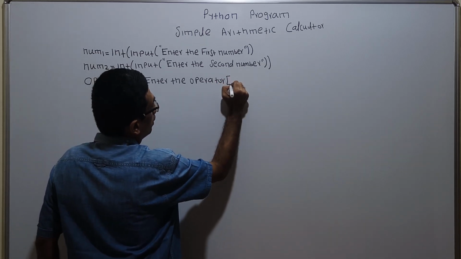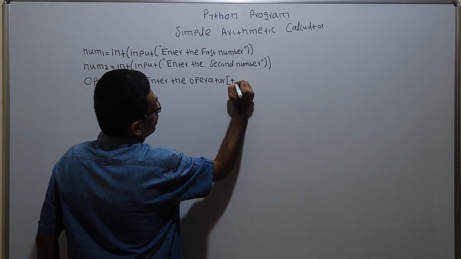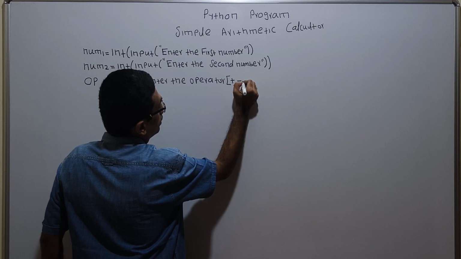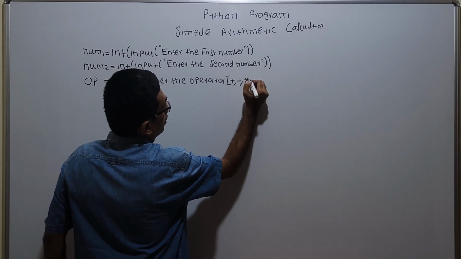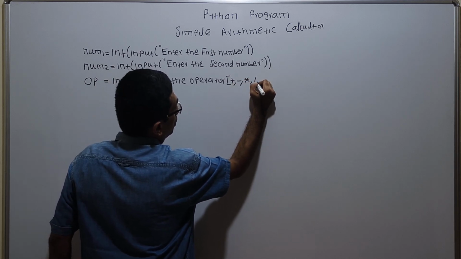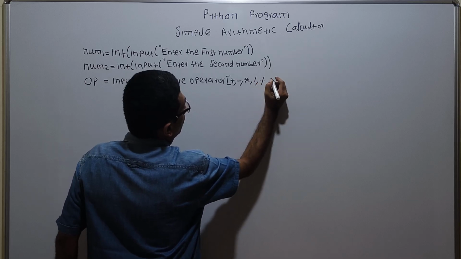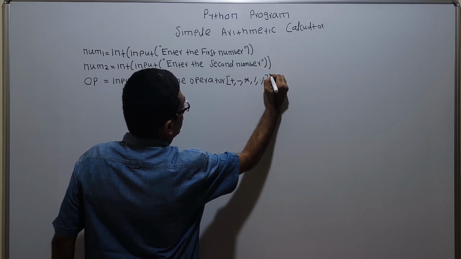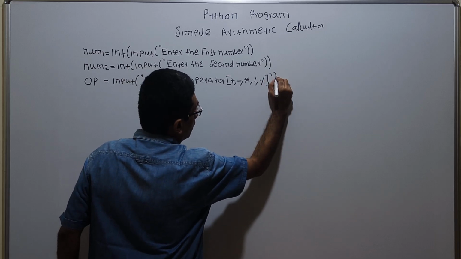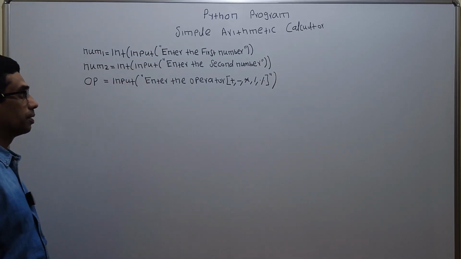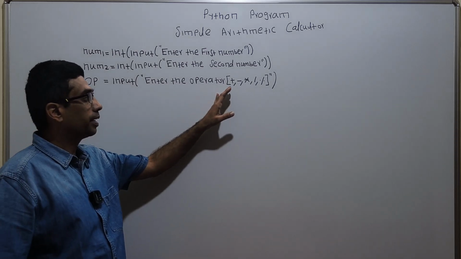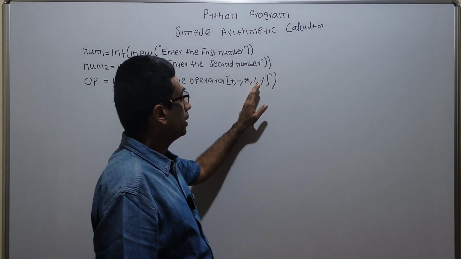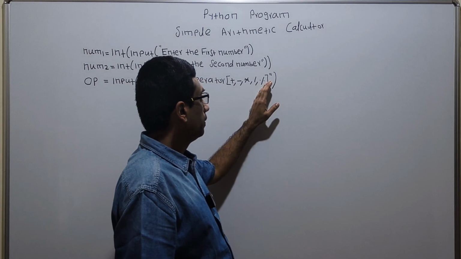In brackets I am giving plus, minus, star, slash and modulo division. I am closing the bracket, closing the double quotation and closing the input statement. So I ask the user to enter one of the operators: plus, minus, star, slash or modulo division.